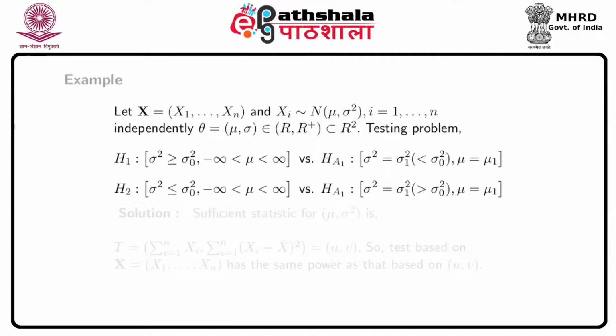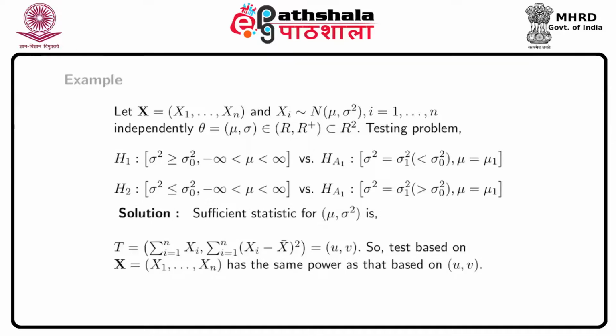And the next testing problem is H2, that sigma square is less than or equal to sigma naught square and mu remains unspecified, against HA2, that sigma square is equal to sigma 1 square, greater than sigma naught square, and mu is equal to mu 1. Next we get the solution of this problem.